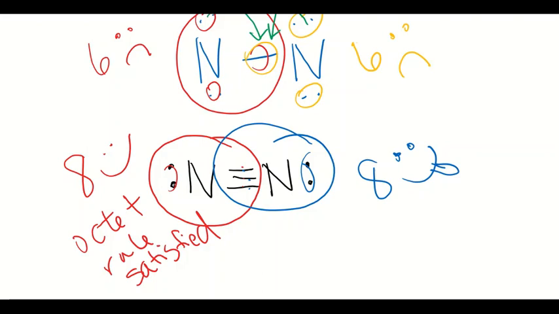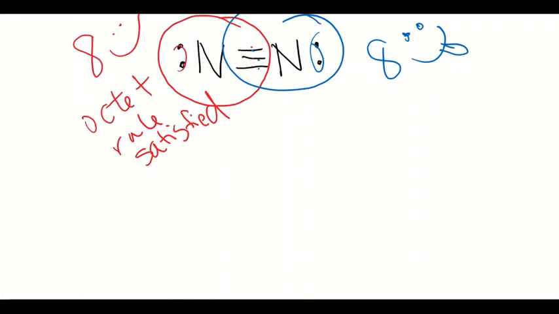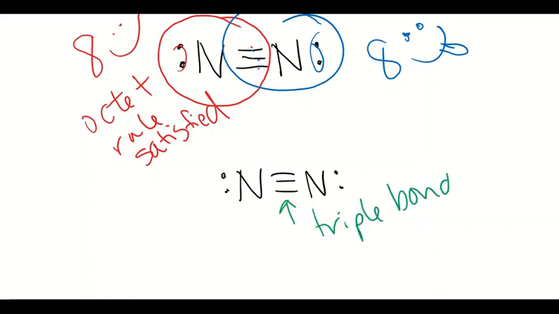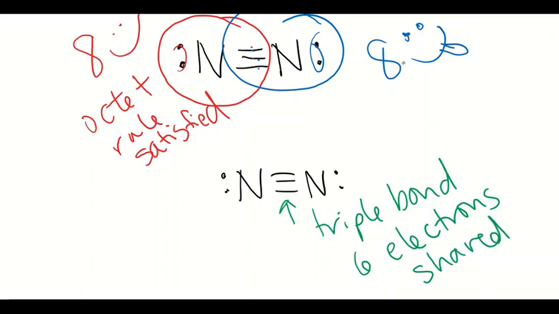And this one is called a triple bond. Let me rewrite it so it's not so messy. All right, so we have a triple bond, and this has 6 electrons that are being shared. The lone pairs belong to each element, but those 6 electrons are being shared.